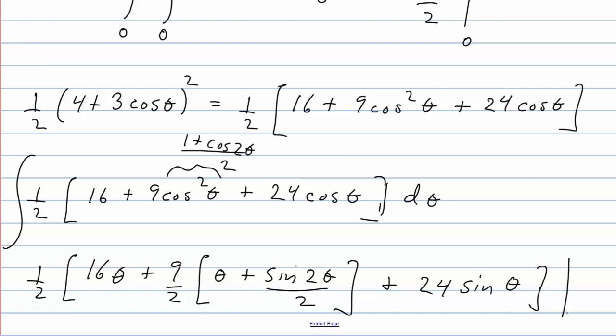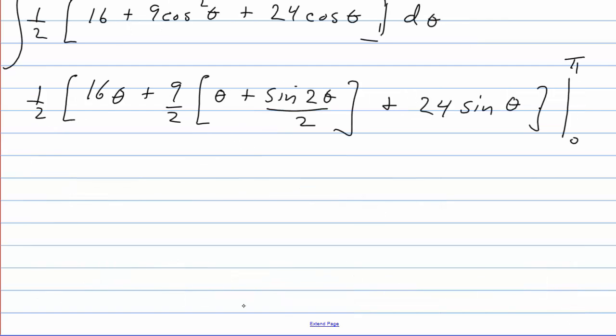Now we can go from 0 to pi. Plugging in pi and 0, this would give us 16 times pi minus 0.